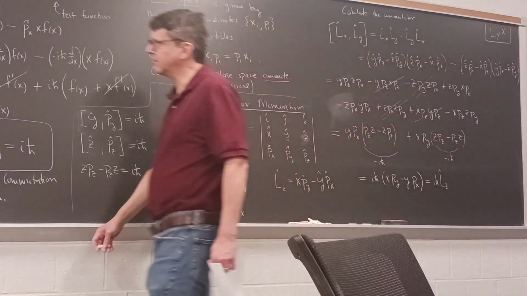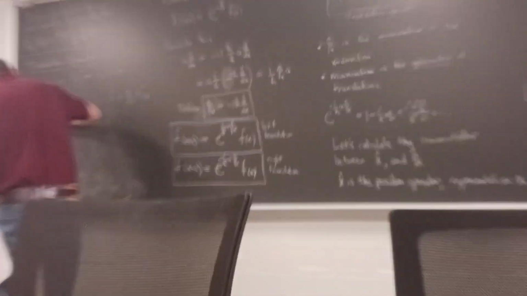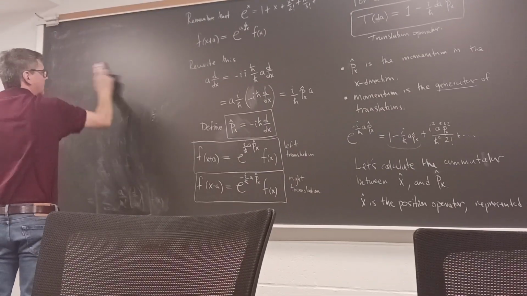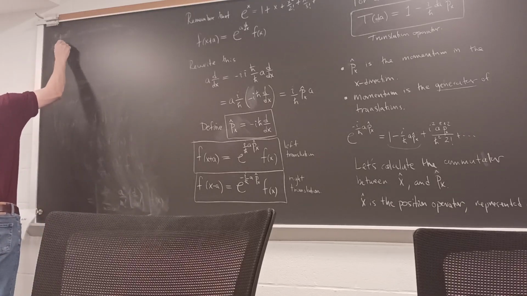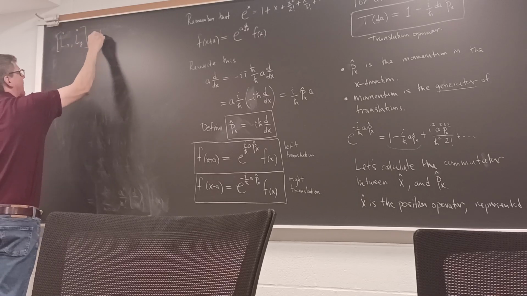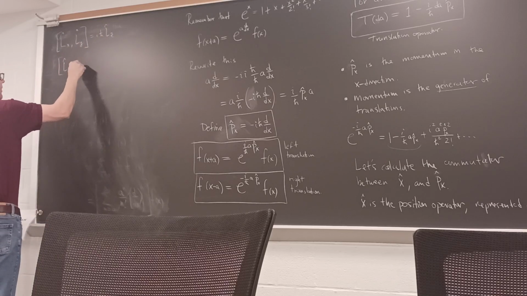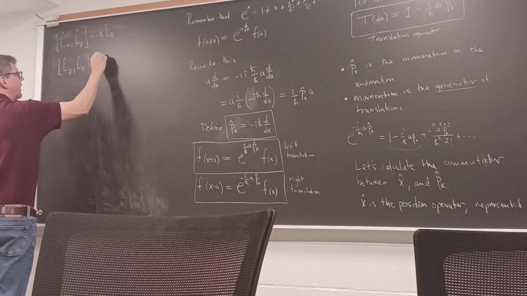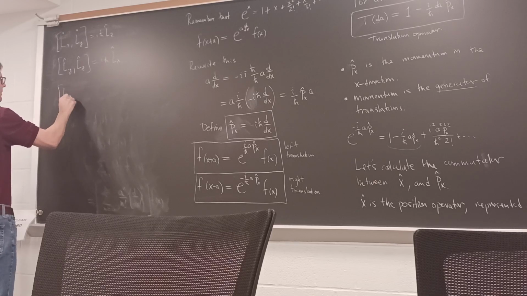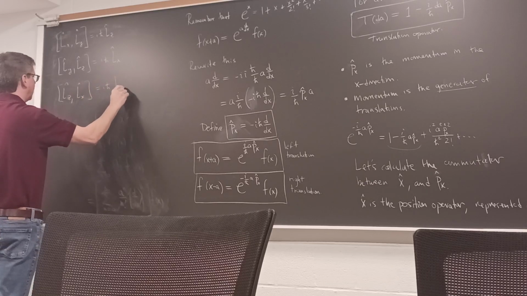Okay, so we have the following. Lx, Ly is equal to i h bar Lz, and then we'll have Ly, Lz is equal to i h bar Lx, and then Lz, Lx is equal to i h bar Ly.